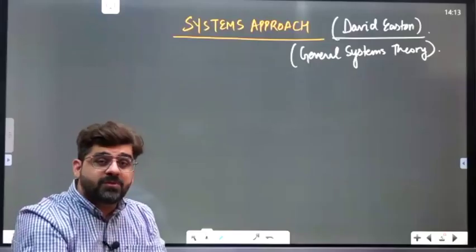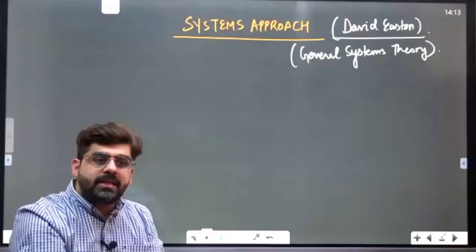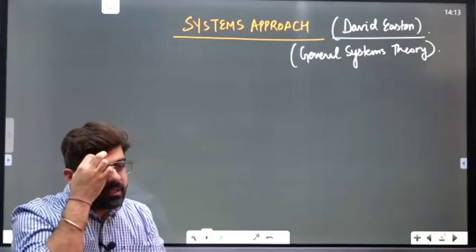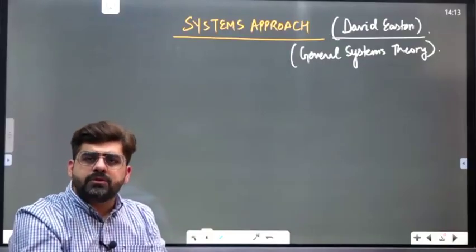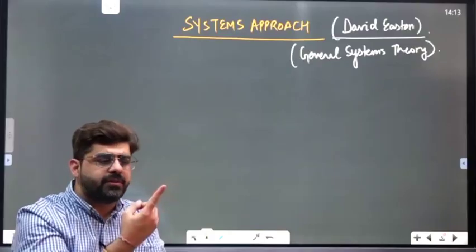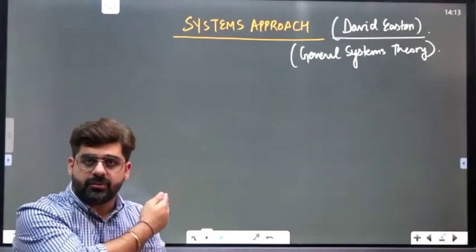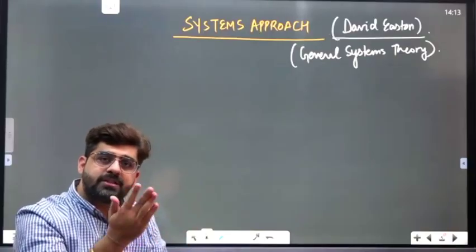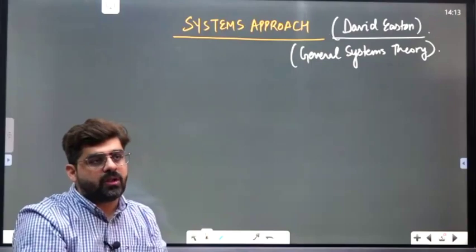So first of all, the systems approach is reflective of a multi-interdisciplinary connection, where political science has generally been associated with disciplines like philosophy, history, and law, and you can relate it to the traditional approaches. Traditionally, political science has been studied in connection with these disciplines.